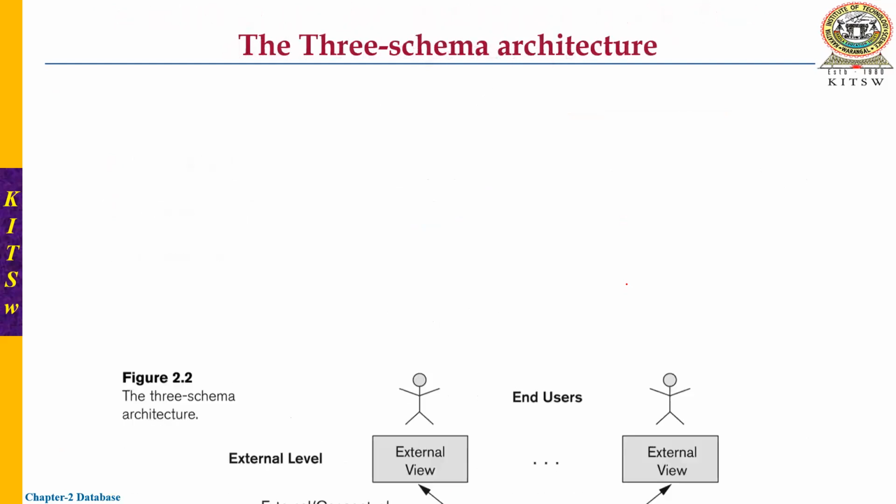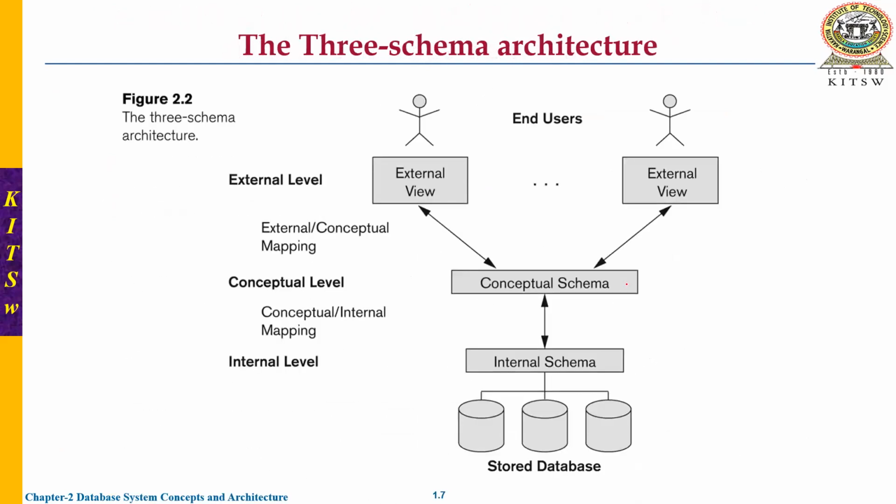This is the three schema architecture, taken from the prescribed textbook. At the top level is the external level, where the views are external views, used by the end users. Who are the end users? The people who are using your database.